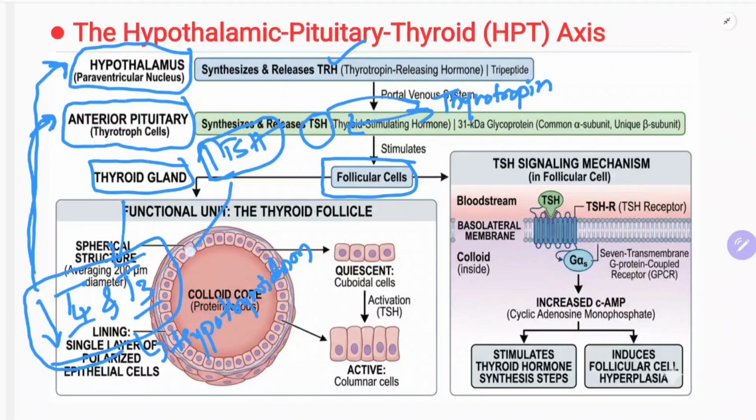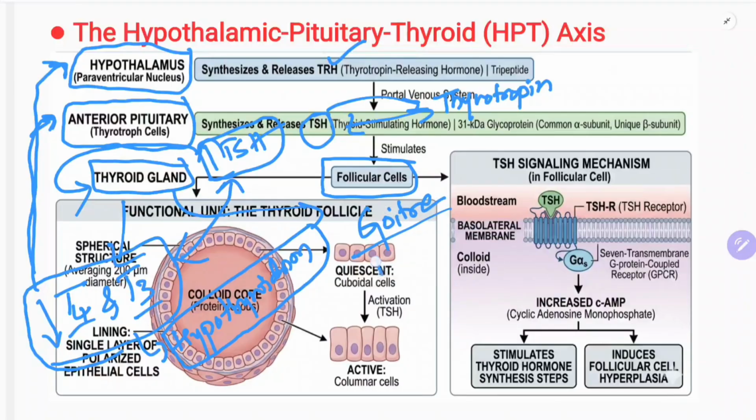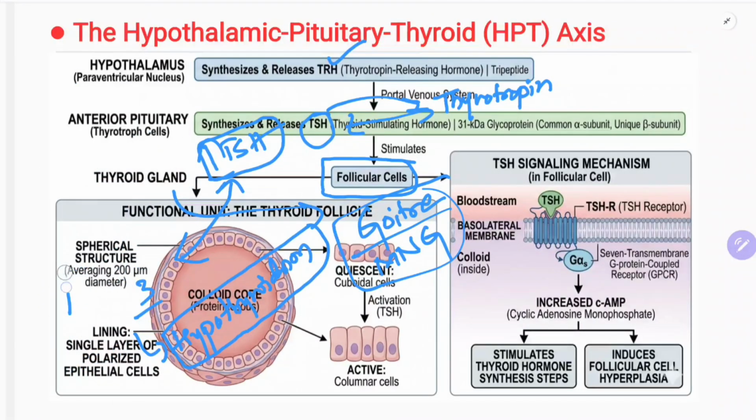So this picture, increased TSH levels with decreased T4 and T3, will tell you that it is a hypothyroid state. Okay, and sometimes because of increased action of this TSH, the thyroid gland size will increase. That is known as goitre, or it can form an MNG, multinodular goitre. So this is the thing. We should remember this feedback mechanism in order to interpret the investigations.